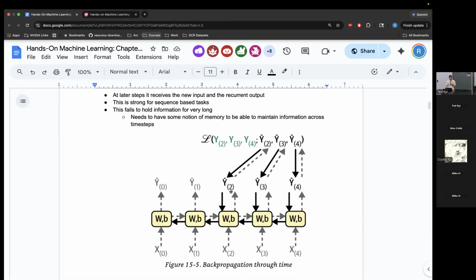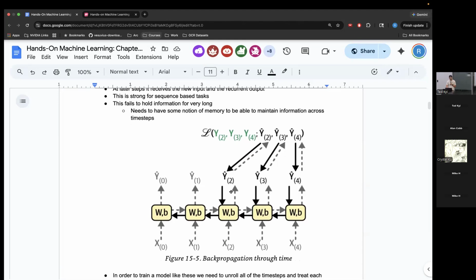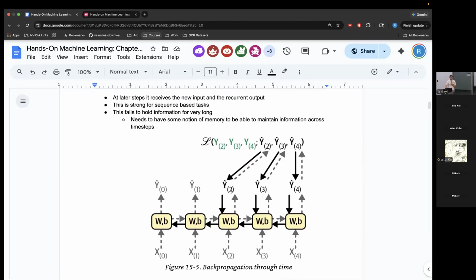But one of the things that they touched on was this concept of backpropagation through time. One of the difficult things with this configuration is you have one unit that's being applied multiple times. So if you think about how the gradient flows through that, you're doing all of these steps and then you get to the end and you make some prediction, you might only have one bit of label data at the end.